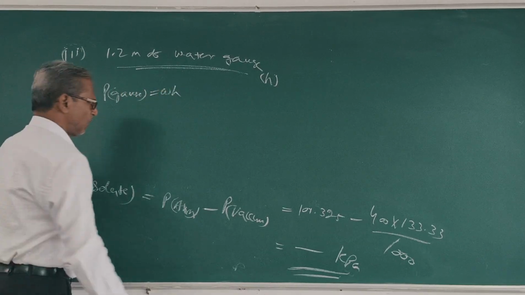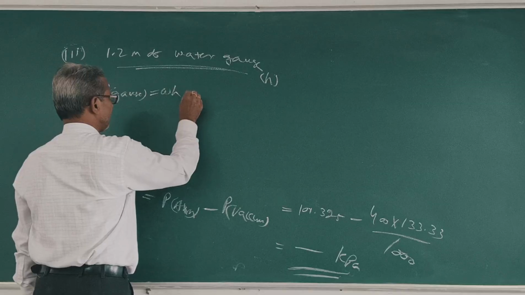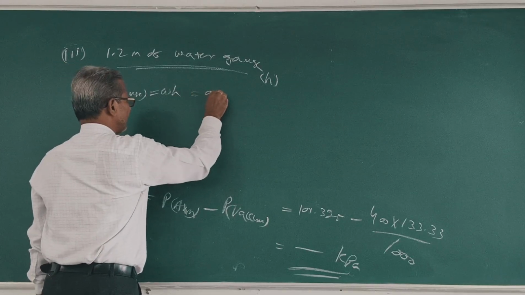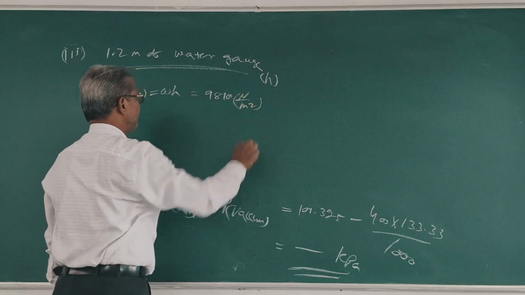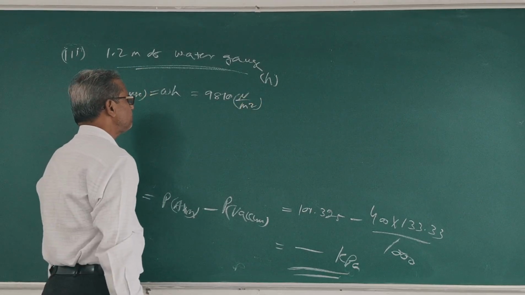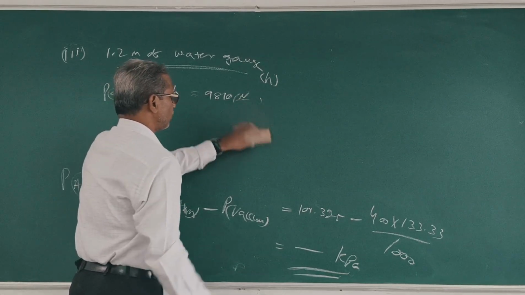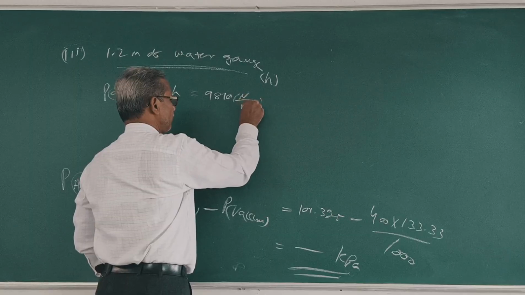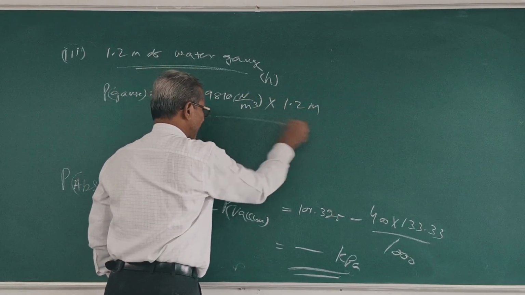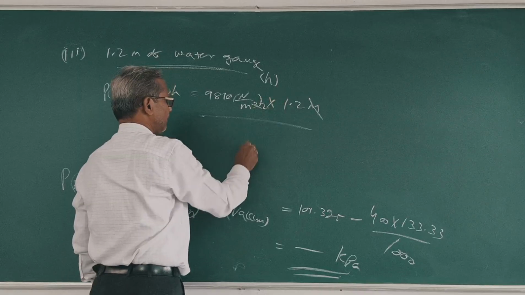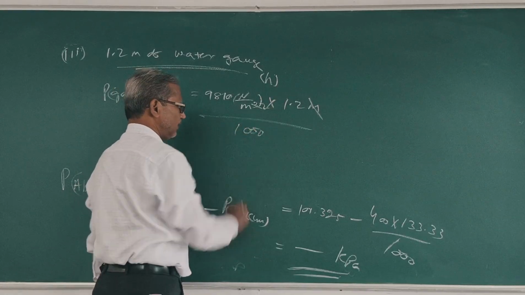What is w? 9810 Newton per meter cube. Clear? Into height 1.2 meter, by 1000, kilopascal.